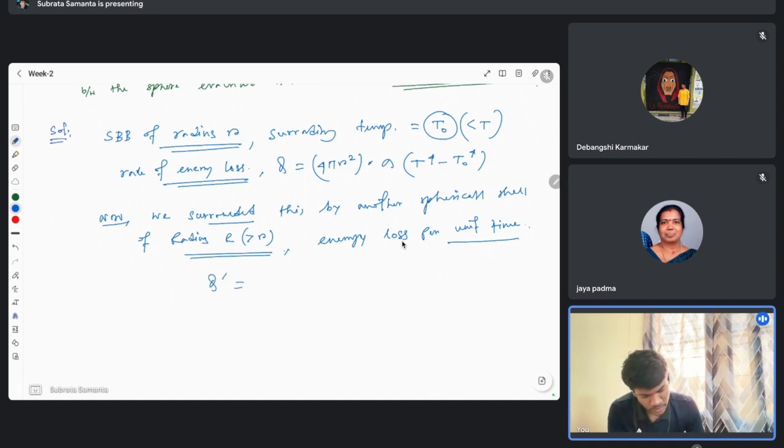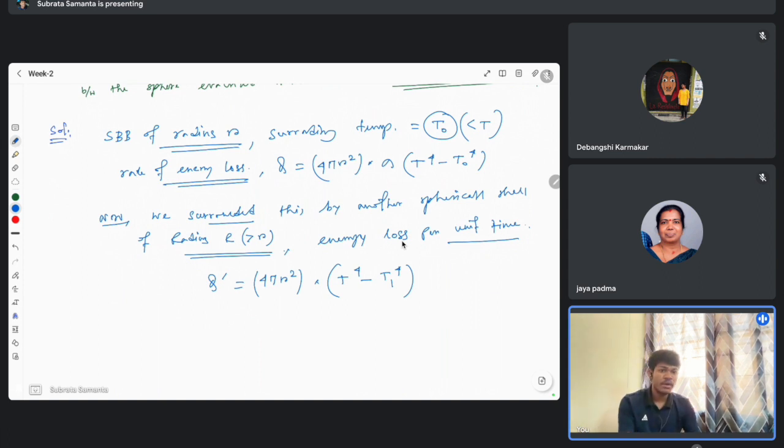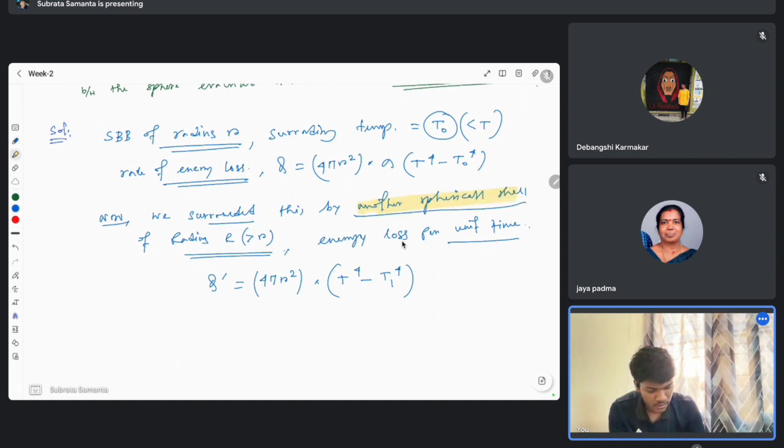So the energy loss per unit time Q prime is 4 pi r squared times sigma times T to the power 4 minus T1 to the power 4. T1 is the temperature of this spherical shell. So this is a big spherical shell, with temperature, let's say, T1.